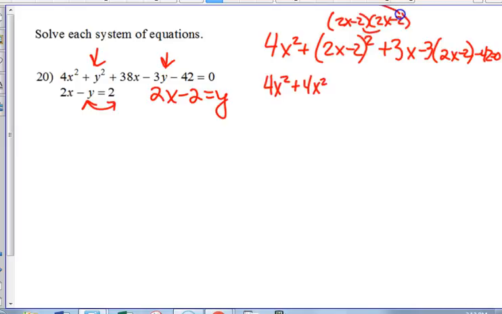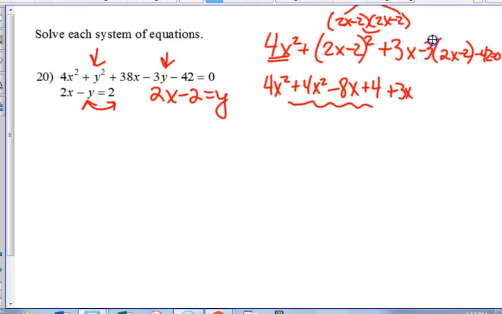How many x's? Yep, minus 4x and minus 4x would be minus 8x, because there was one here and one from back here. Plus 4. This is the FOIL business right there.